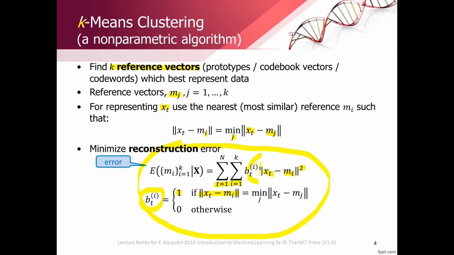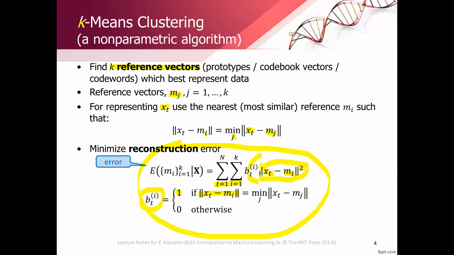But this square of the norm is counted, multiplied by 1, only if mi is the representative for the observation. So let's say we have the first representative, m1, and in this group we have representative m2.